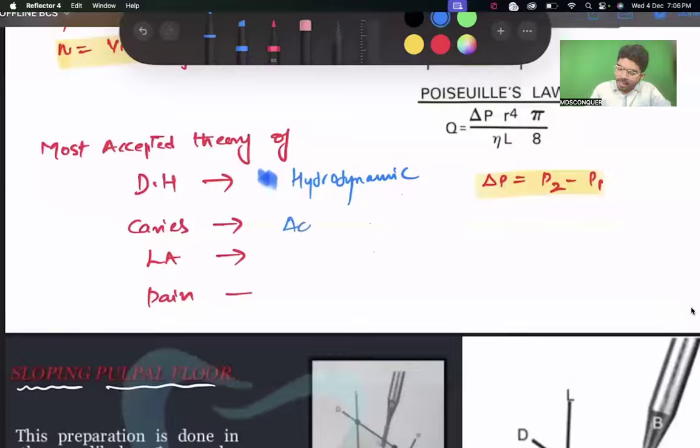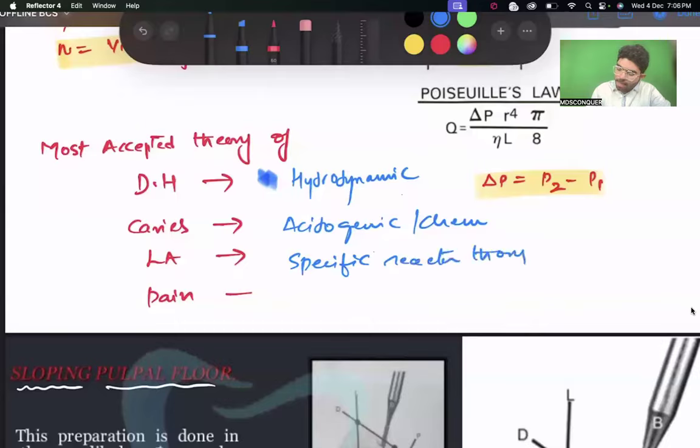Most accepted theory of local anesthesia is the specific receptor theory. And most accepted theory of pain is the gate control theory.